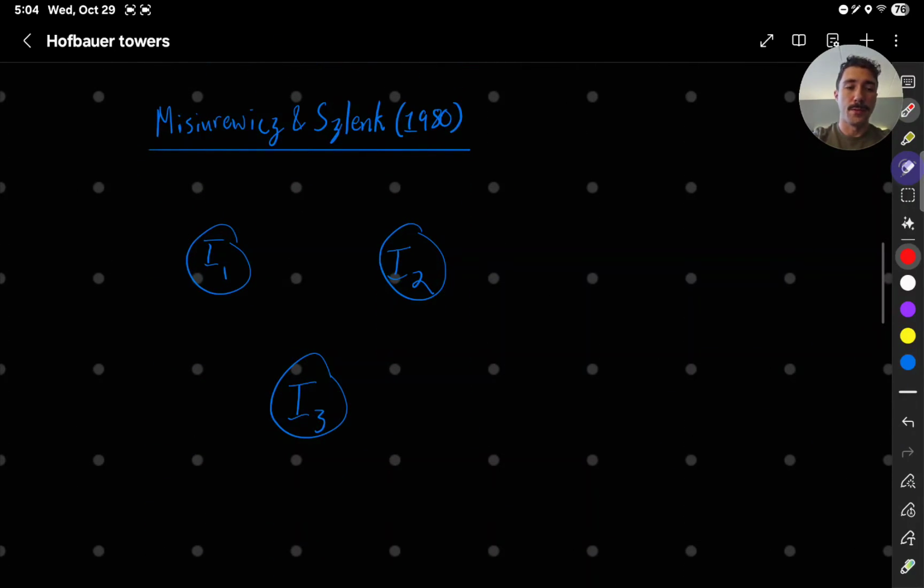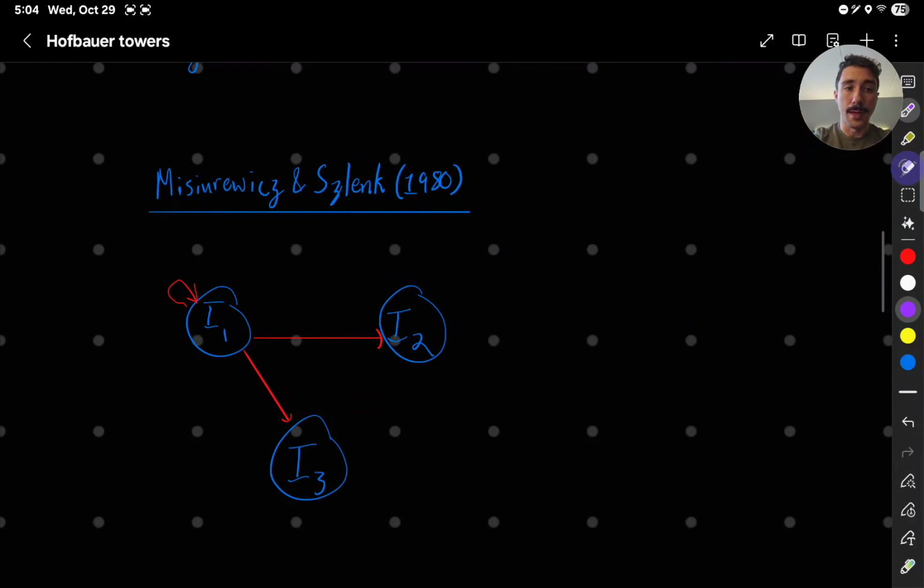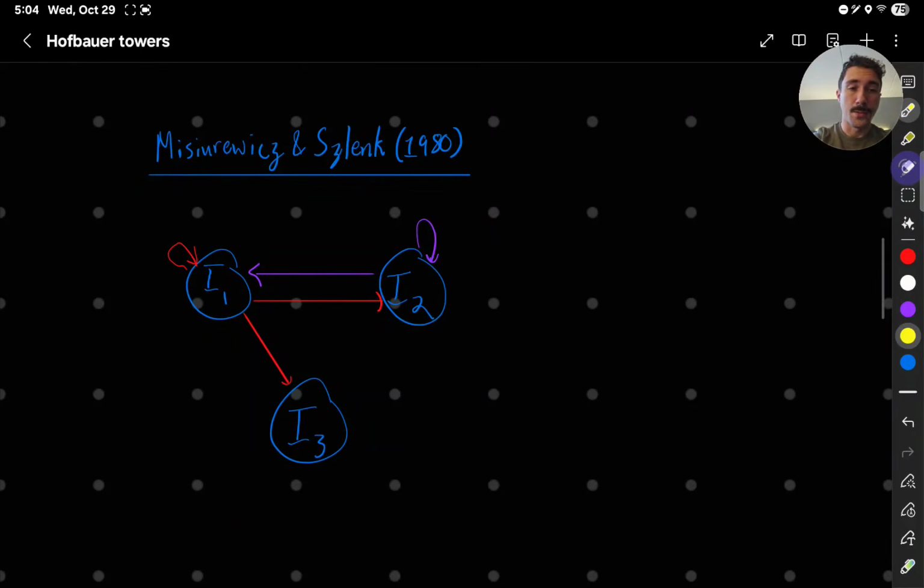So it should have a self loop because it maps onto I1. It also maps onto I2. And it also maps onto I3. I2 maps onto I1 union I2, so it should have an edge to I1. It should have a self loop. And I3 maps onto I1 and I2.